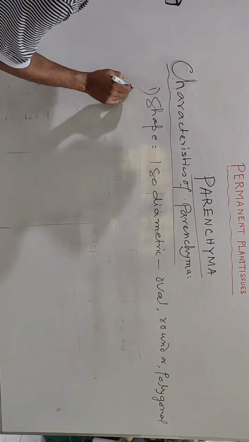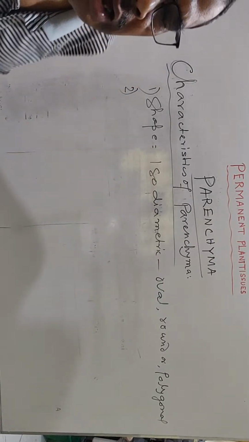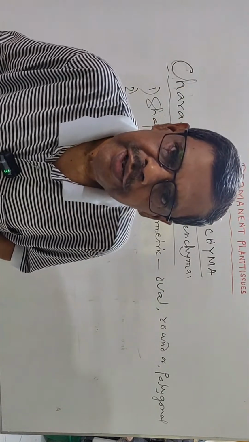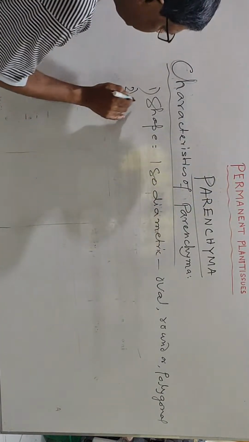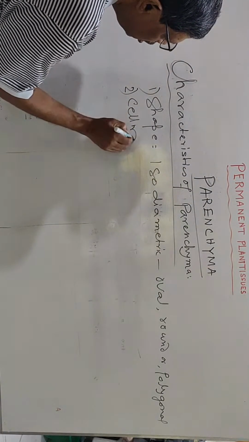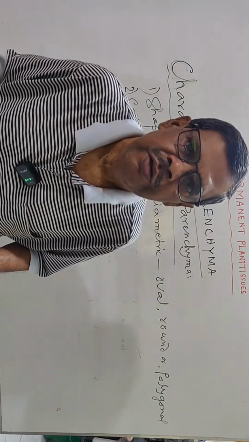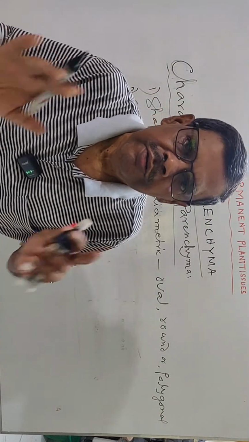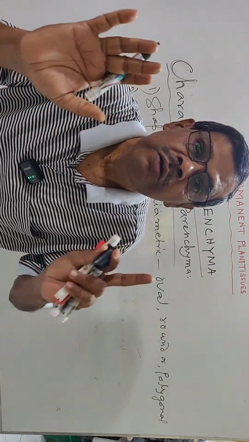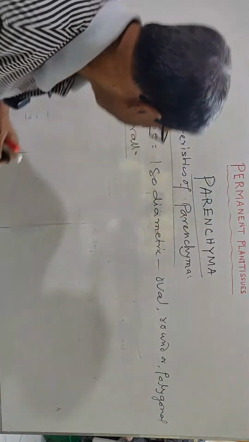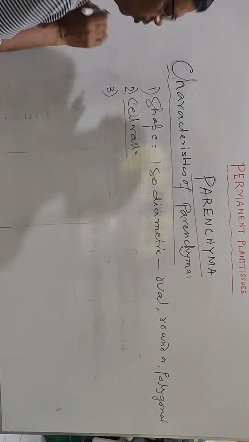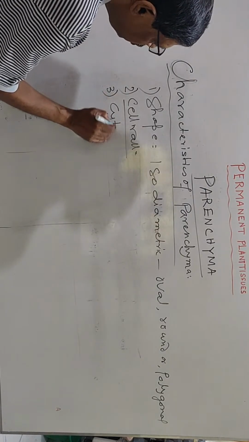Next, cell wall. Cell wall is thin, made of cellulose. Next, cytoplasm.